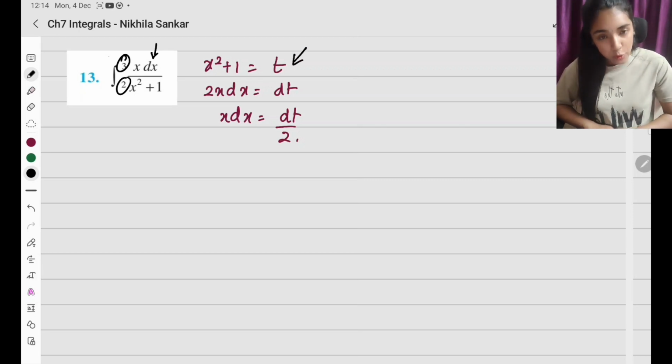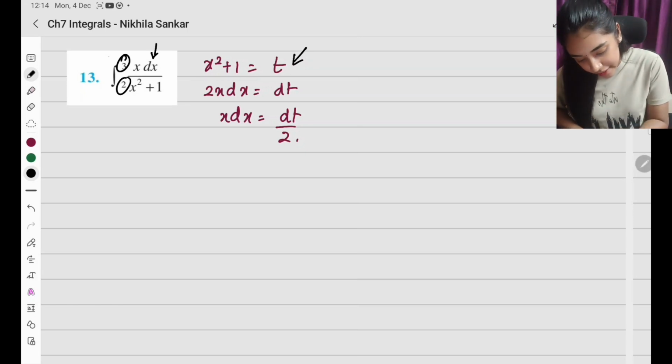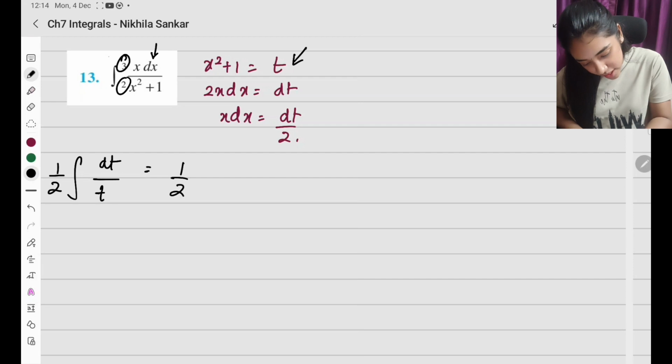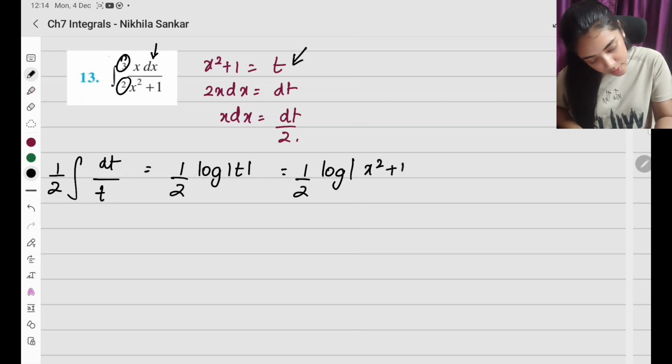So first of all I am going to find the integral, then substitute the values. Okay. Now when I have integral of x dx, what will it be? dt divided by 2. So the 1 by 2 comes outside times x divided by x square plus 1 which is t. So I have half log mod t which is going to be half log mod x square plus 1 from 2 to 3.